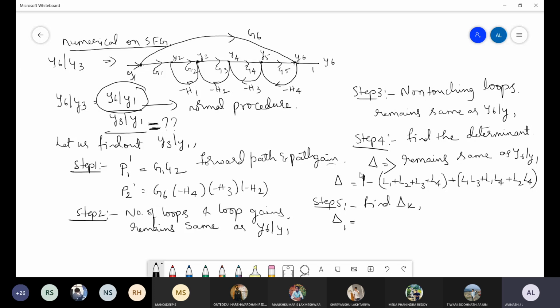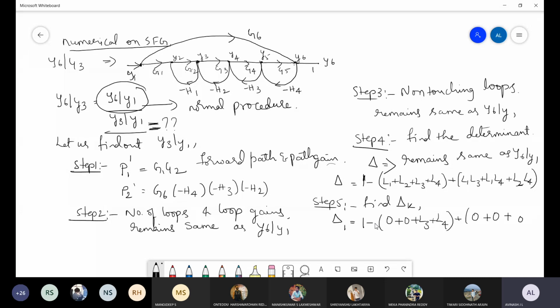So obviously these two loops, L1 and L2, should be made 0. The remaining we need to consider because L3 and L4 have nothing to do with the forward path 1 with respect to the Y3 by Y1. So 0 plus 0 plus L3 plus L4. Once L1 and L2 are made 0, L1 made 0 means 0 into anything, 0 plus 0 plus 0.